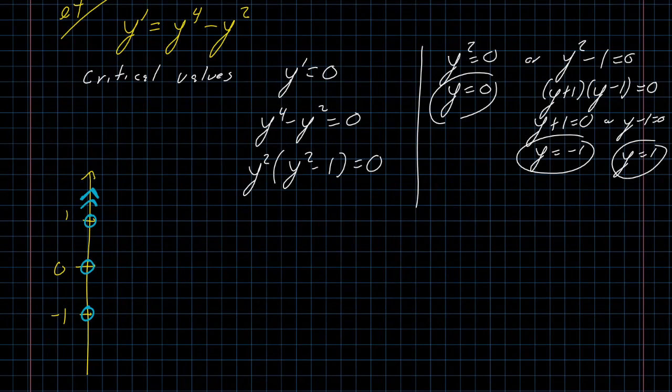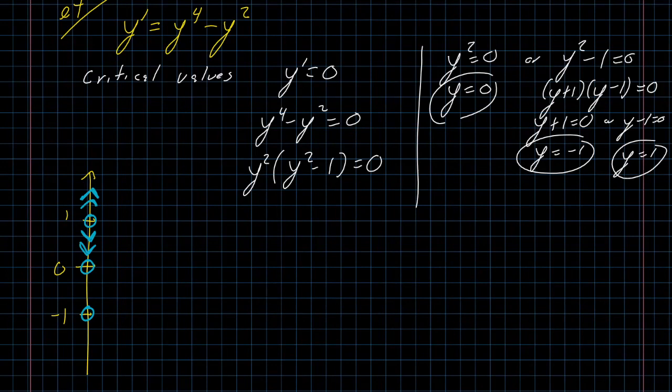No, that doesn't make any sense. 1/16 minus 1/4 is 1/16 minus 4/16, which is negative 3/16. But really, the only thing that matters is that it's negative. And if y prime is negative, that means that the function is decreasing. So I'm going to mark in that the function is decreasing in this range.